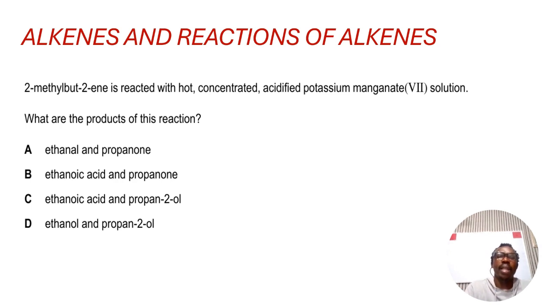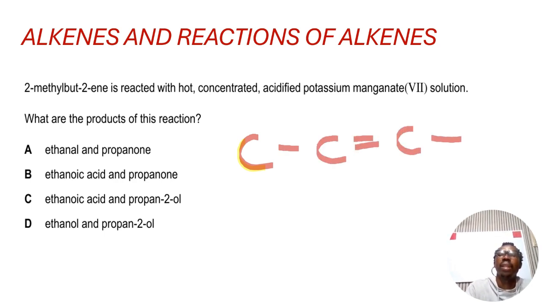For us to answer this question, we first have to draw the displayed formula of the molecule, which is 2-methylbutene. So you have 1, 2, 3, then 4. So this is 2-methyl.